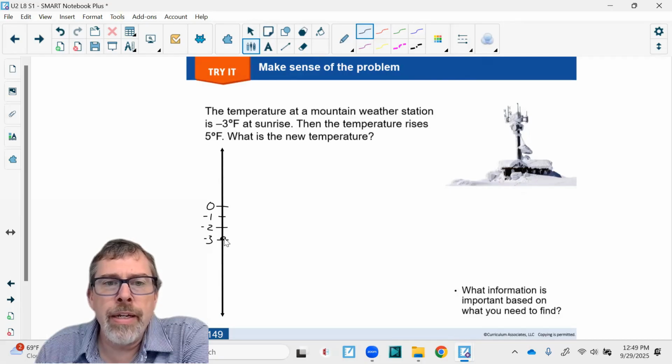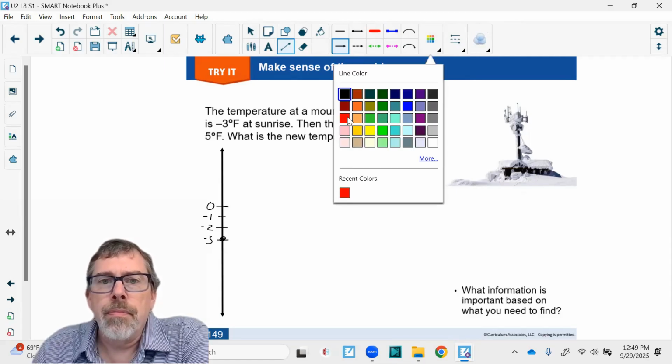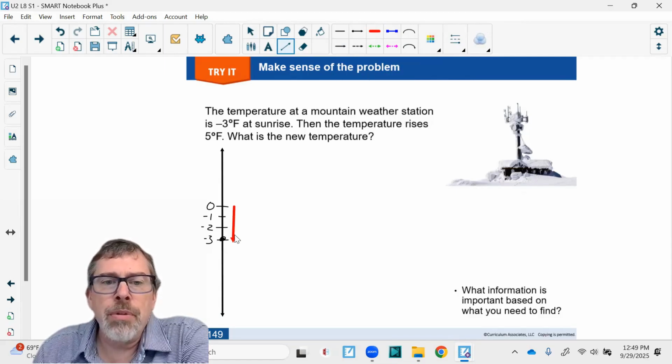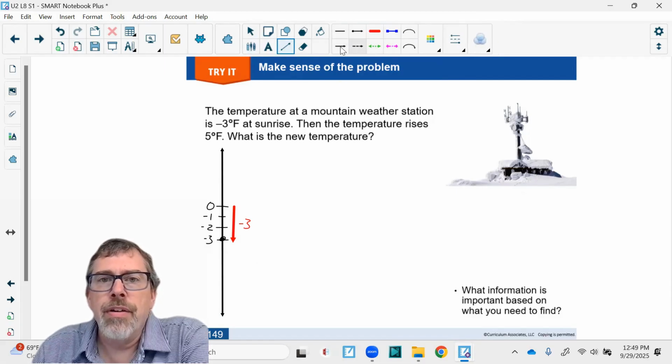We're going to start at -3. But how did we get there? Well, if we start at 0, it means we went down 3. We're 3 below 0 Fahrenheit at sunrise. The temperature rises 5 degrees.